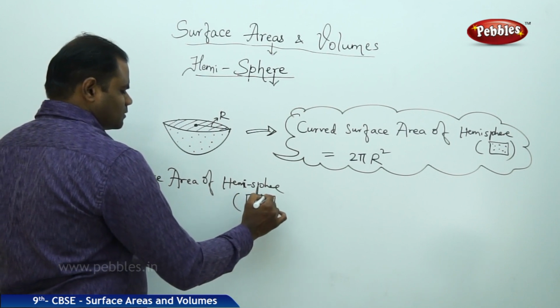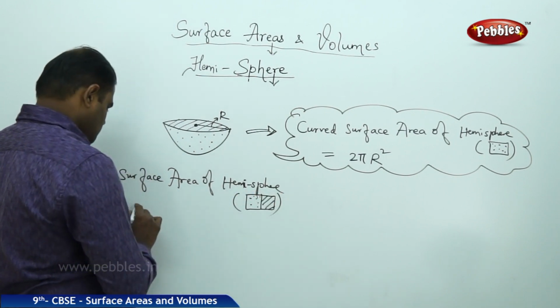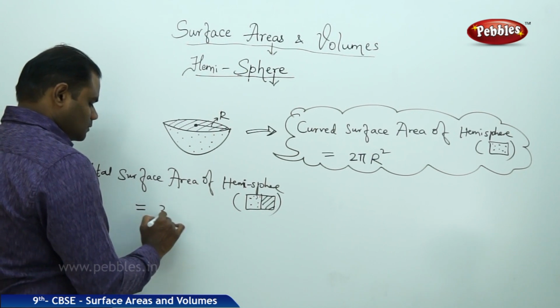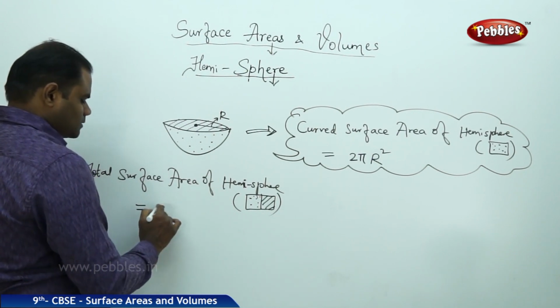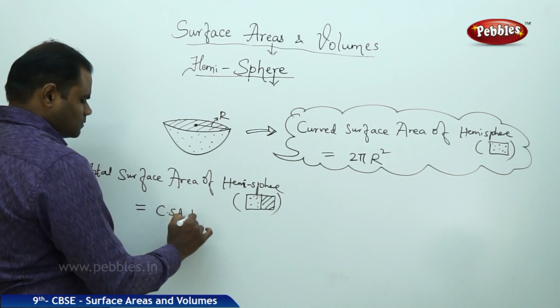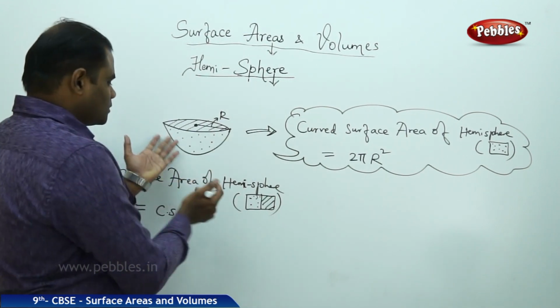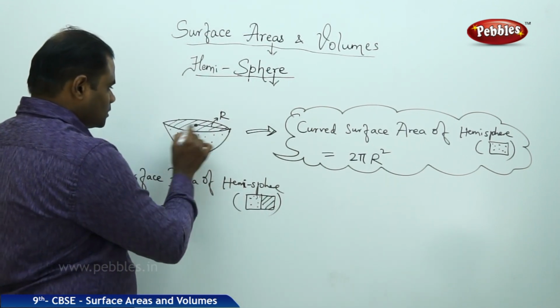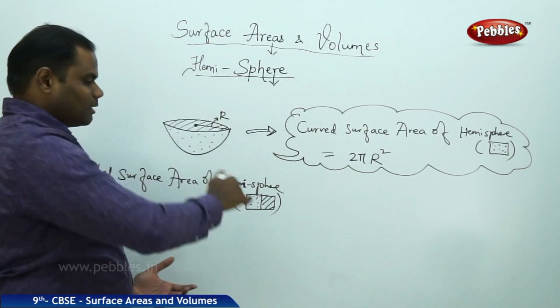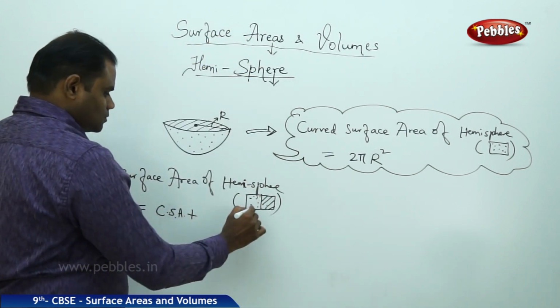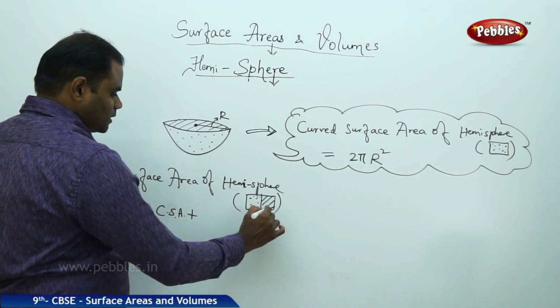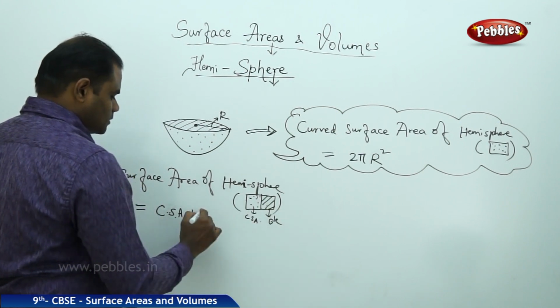One is the dotted one, and one is this. It is the curved surface area, which is the dotted region, plus the area of the circle, which is given by this region. So this represents the CSA and this represents the circle.